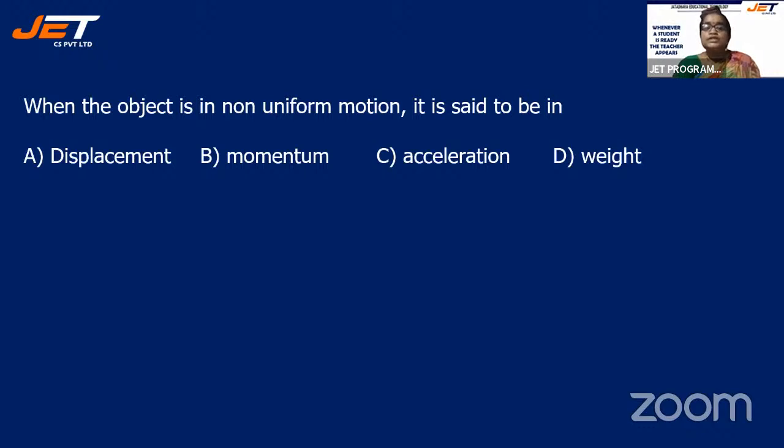Next one. When the object is in non-uniform motion, it is said to be in displacement, momentum, acceleration, weight. When the object is in non-uniform motion, it is said to be in.